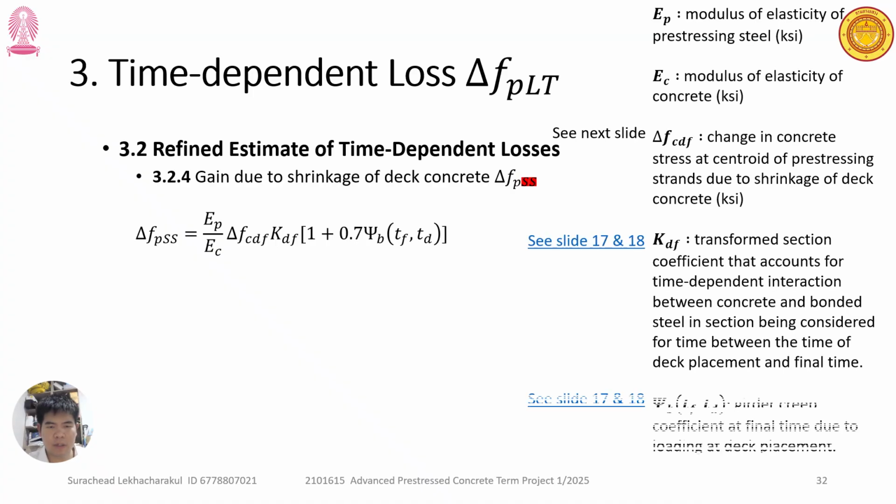It's not a loss, but a gain. KDF and capital psi B I explained already, and delta FCD is the change in concrete stress at the centroid of prestressing strand due to shrinkage of the deck concrete.